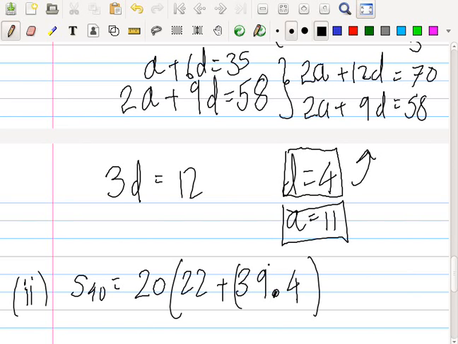So can you just tell me what this is, please? Yeah, what is it? 3560. 3560.